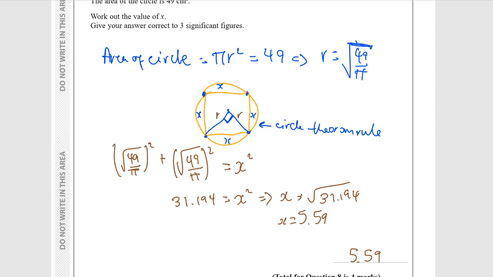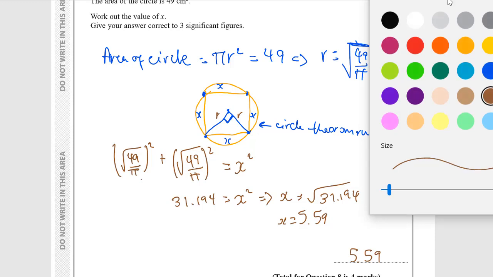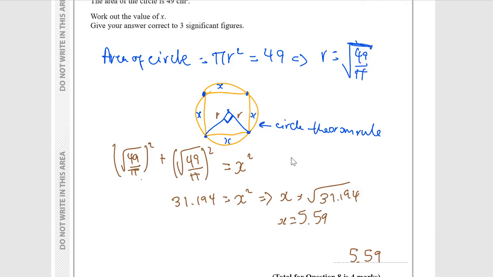So essentially what we've done is we've used Pythagoras, which is a squared plus b squared equals c squared. We've said that this is our a, if you like, this is our b, and this is our c, and we just use a calculator to calculate this, square rooted here, and we found our x.